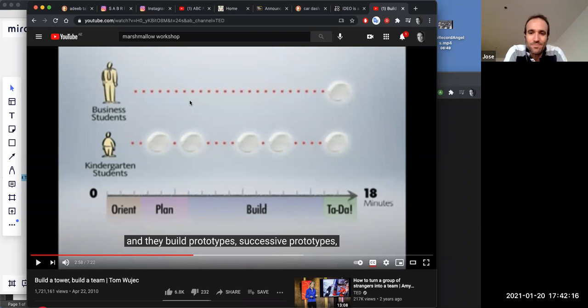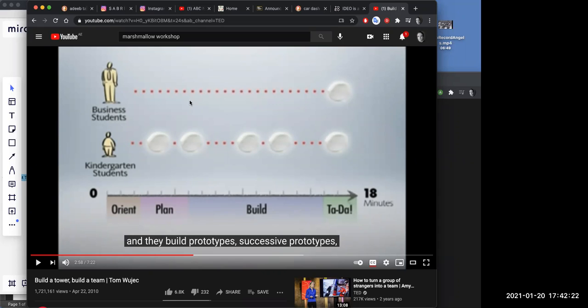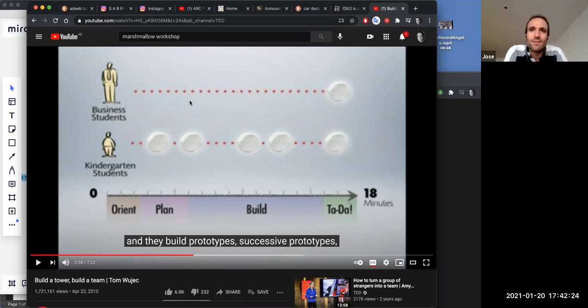Does that make sense? Yes, so that's a very good question. Isn't prototyping more expensive? Yes, most of the time it is, but smart engineers find ways to prototype cheaply.